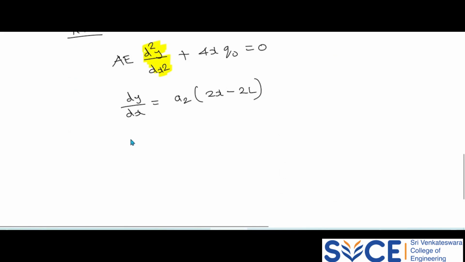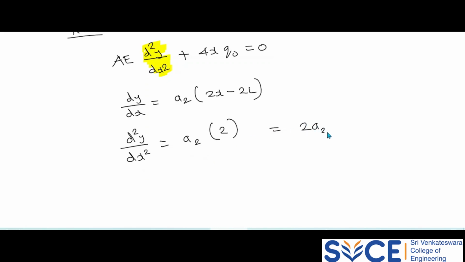Differentiating d square y by dx square is equal to a2 times; differentiating x you will get 1. So remaining is 2. 2l is a constant, that will go off. So d square y by dx square, what do you get? I am getting 2a2. That is my value.